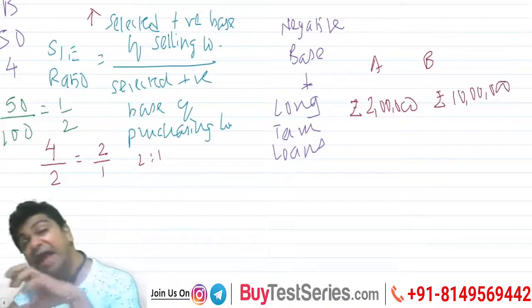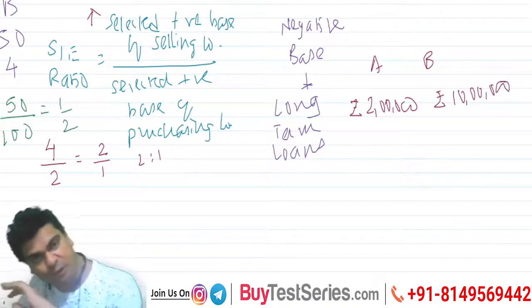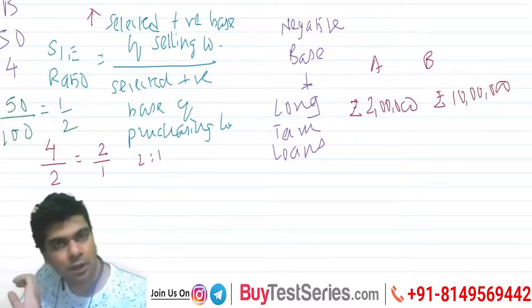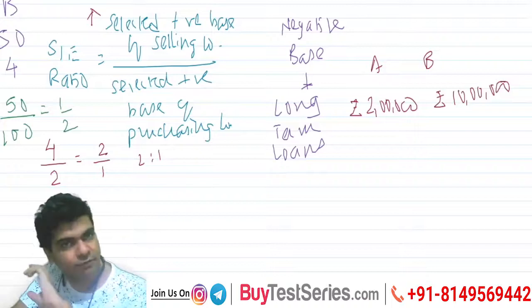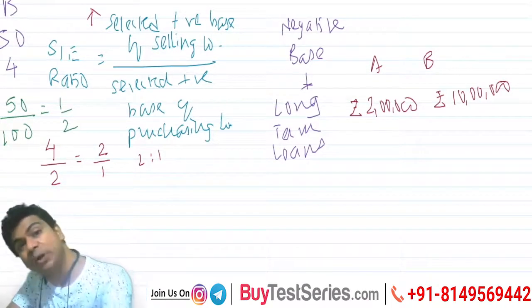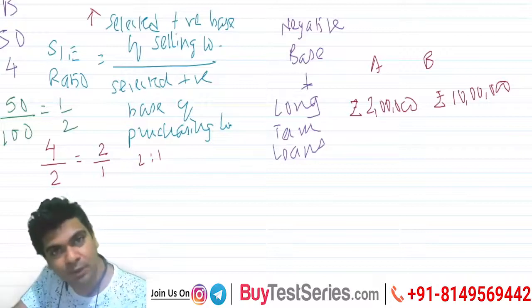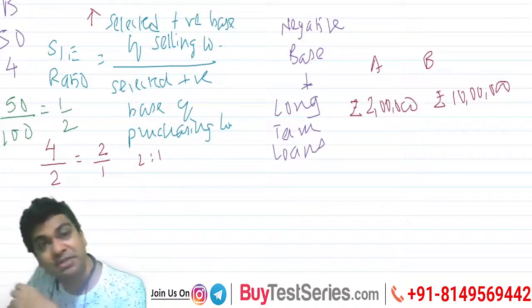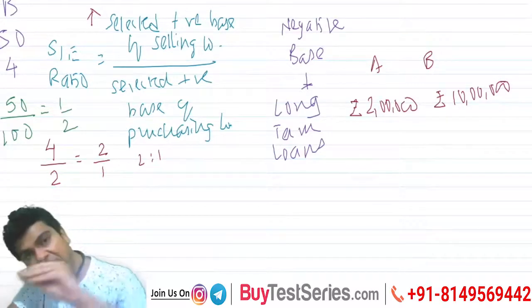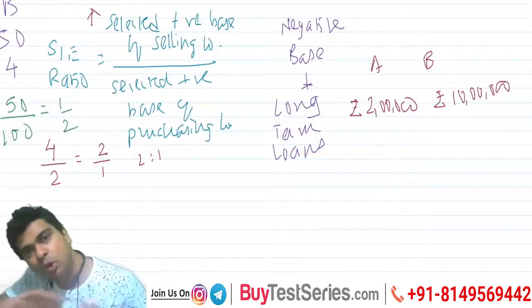Let us say we have decided to go for a share exchange ratio based on long-term loans. Now, ask yourself, will you like the debt of a company to be as high as possible or as low as possible? I find the question itself very ridiculous, but still I'm putting it before you. Will you like a company which has a huge amount of debt?